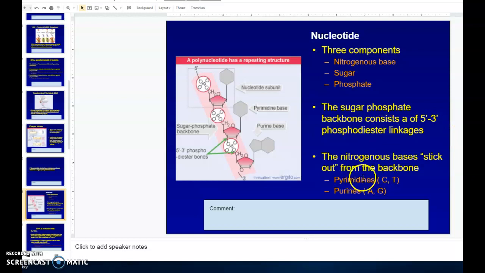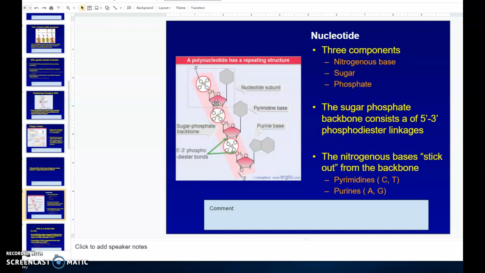They do stick out from the backbone, so they give a zigzaggy appeal to it. So here's your 5' here, 3' down here. This oxygen over here is going to be bonding to this sugar. This oxygen over here is going to be bonding to this sugar. So here's your sugar, here's the phosphate.